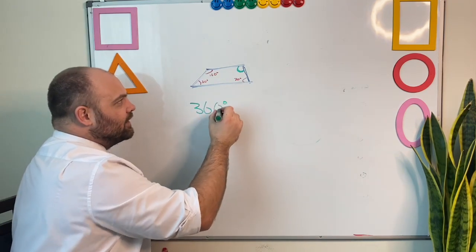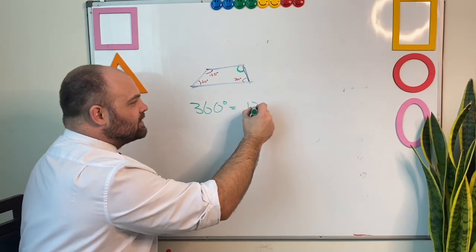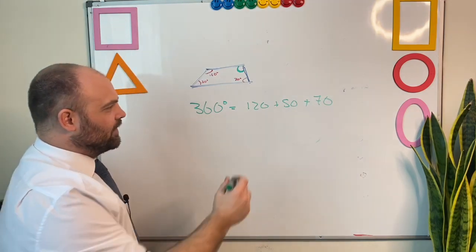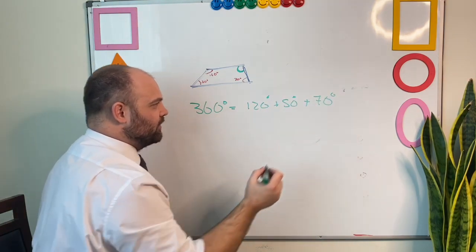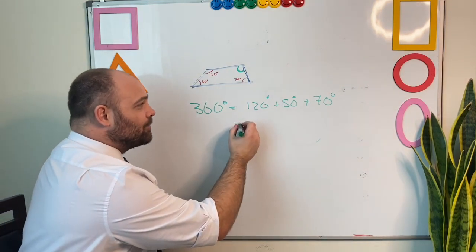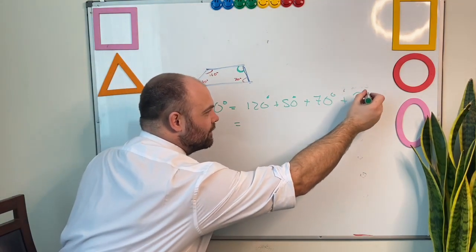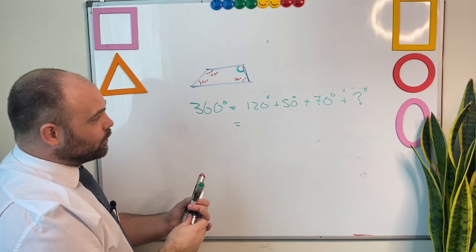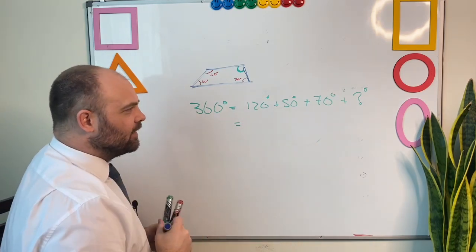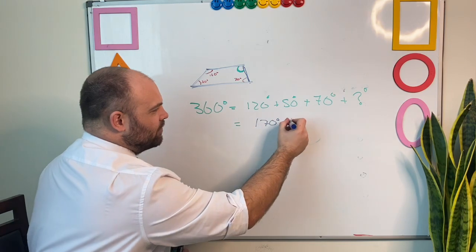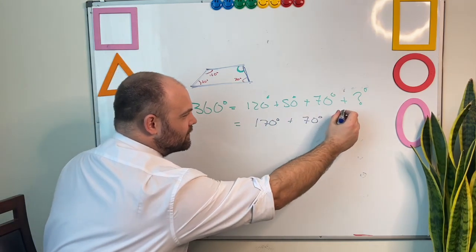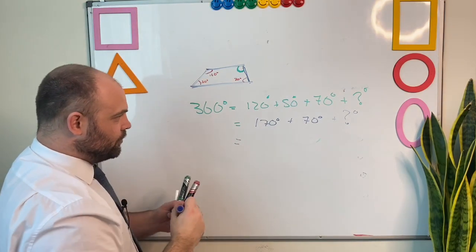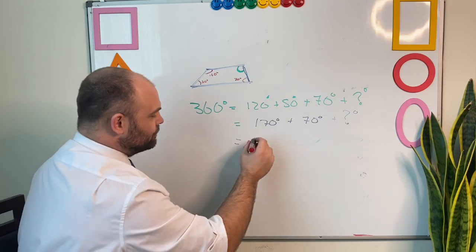So 360 degrees is equal to 120 plus 50 plus 70. Okay, and we don't forget our degree signs. We always put our degree signs. So that means, obviously plus our missing mystery degree value. This means that 360 degrees will be equal to 120 plus 50 is 170 degrees plus 70 degrees plus the question mark. 170 plus 70 we know is equal to 240.